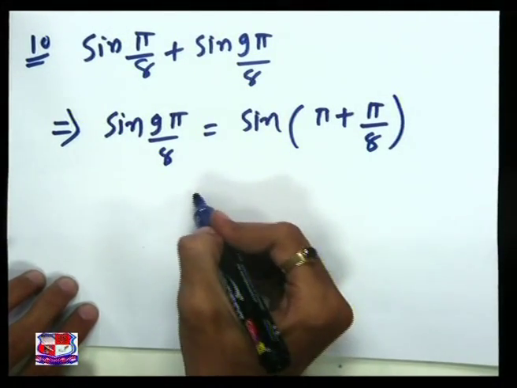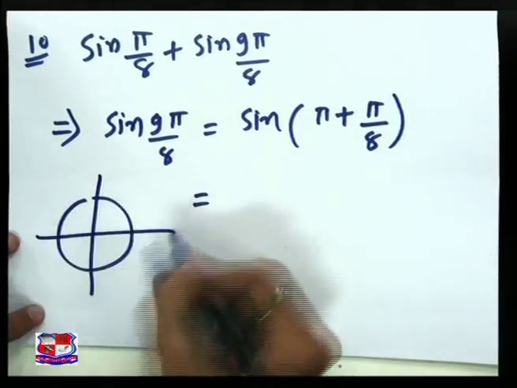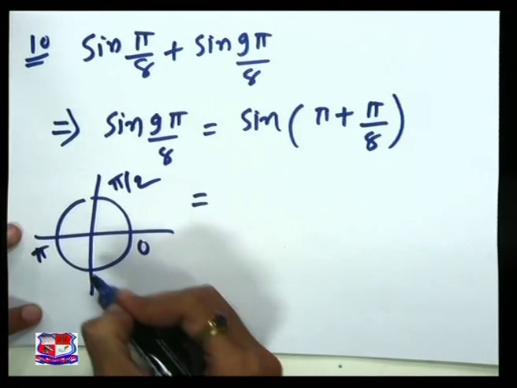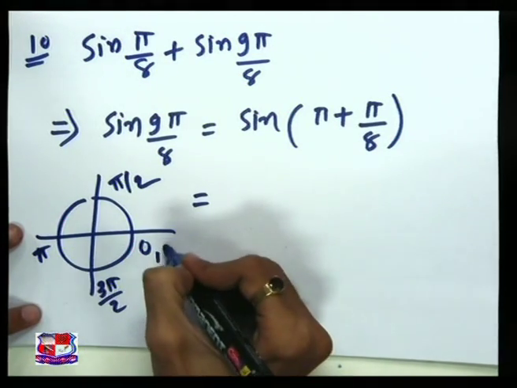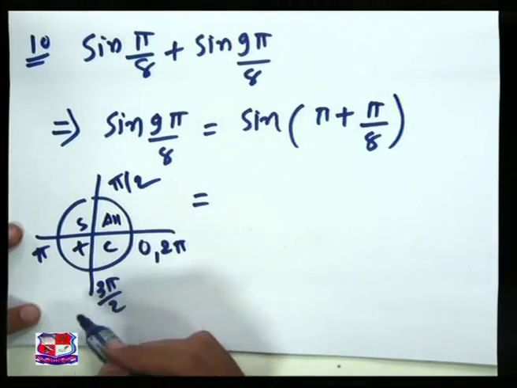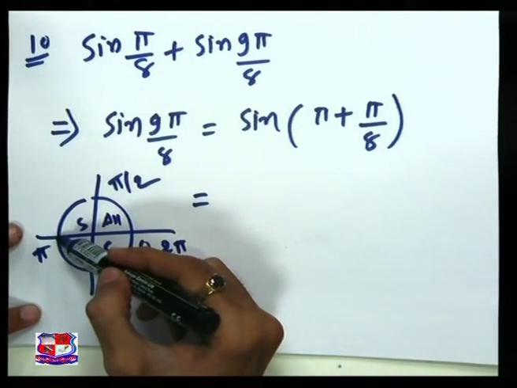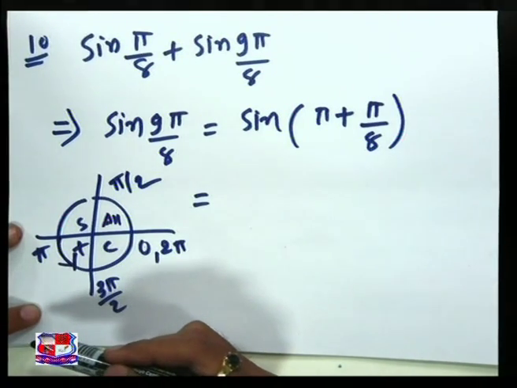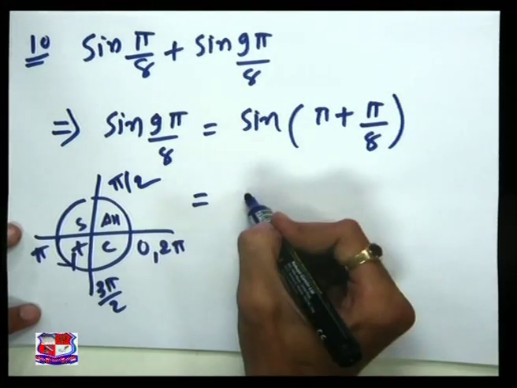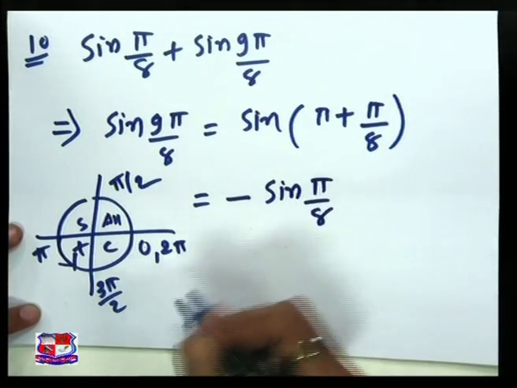Okay, so if we move to the unit circle, here 0, here there is pi by 2, here pi, here 3 pi by 2, and again there is 2 pi. So now this is all STC. If we look at pi plus pi by 8, then here pi, so pi plus pi by 8 will be in the third quadrant, and in the third quadrant sine is negative, so the answer will be minus sine pi by 8.